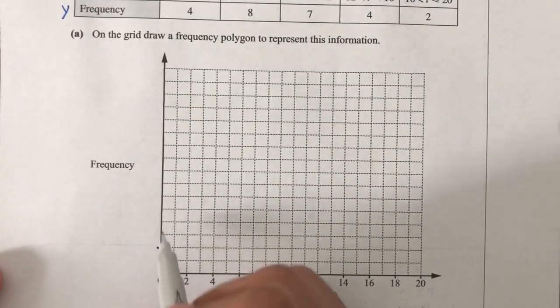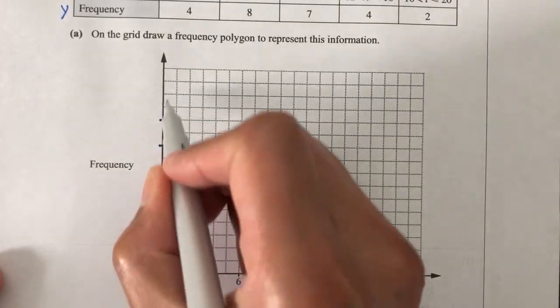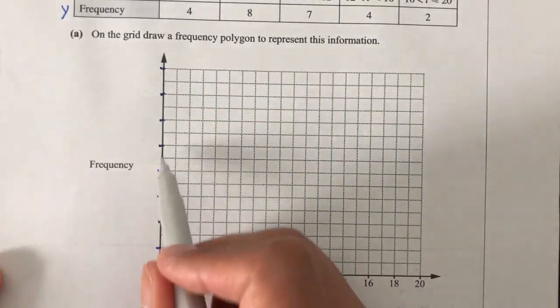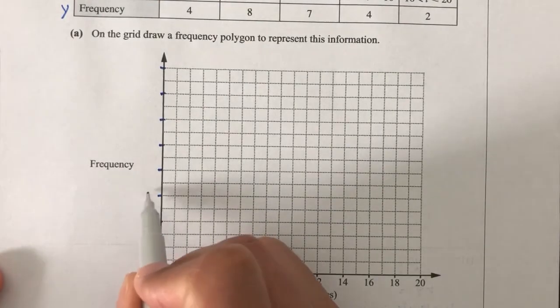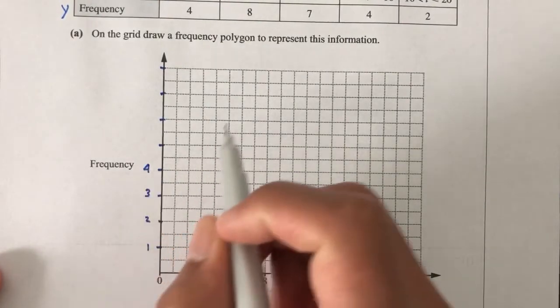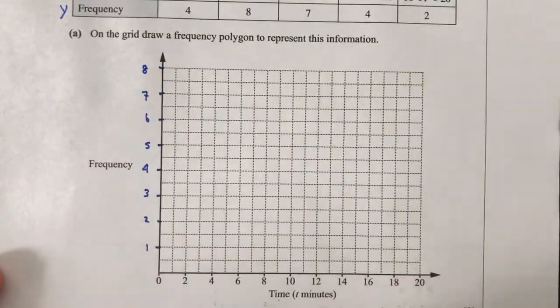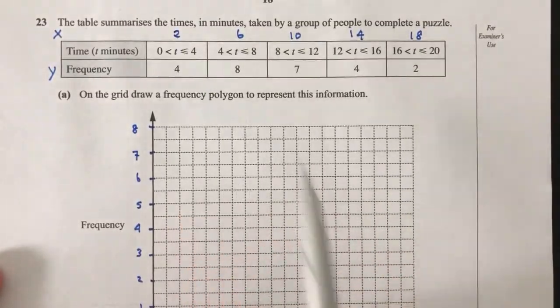So here we have 1, so 1, 2, 3, 4, 5, 6, 7, 8, right? So let's do that. 1, 2, 3, 4, 5, 6, 7, 8. The first point is 2, 4.